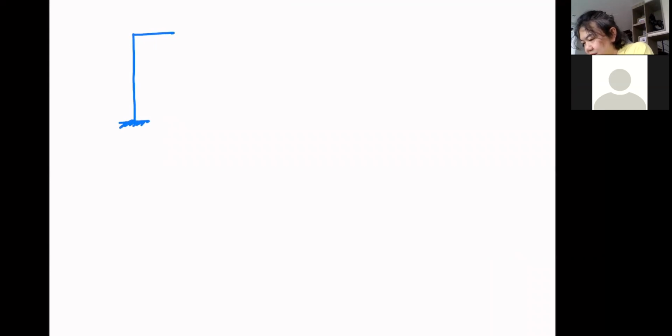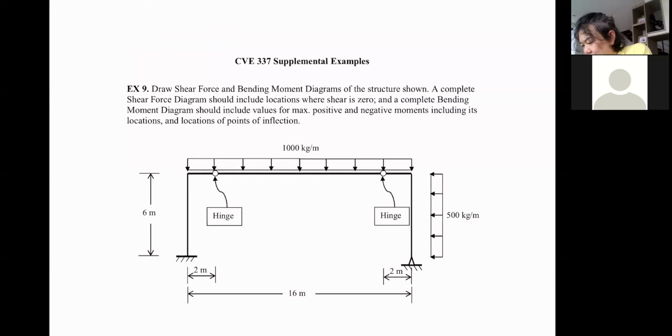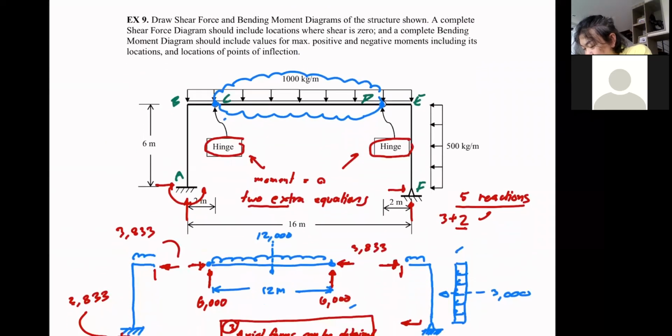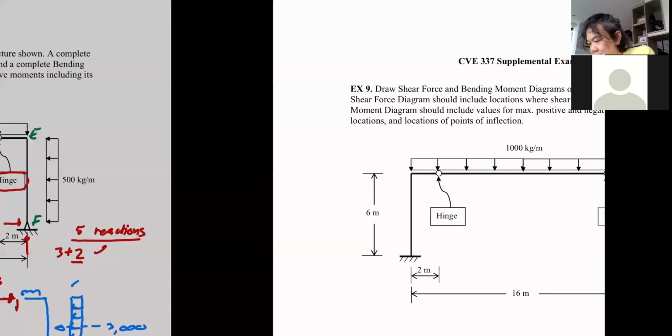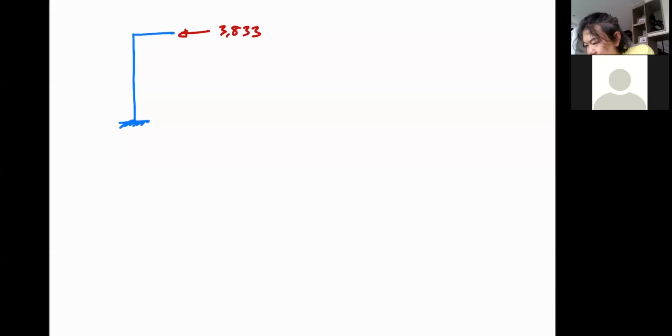Now we know this is 3.833, and if you want to be thorough, you can say, no, hang on a minute. Because we have 6,000 here, I should bring this 6,000 down, so everything is complete. So we have 6,000 down here, and we have the uniform load here.